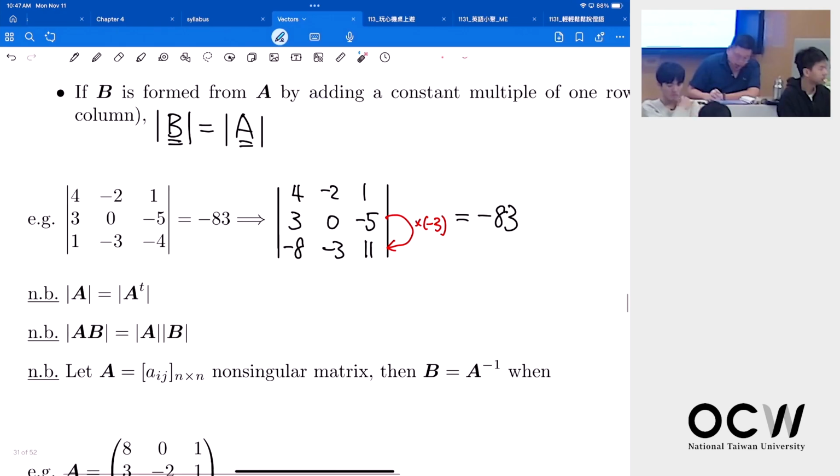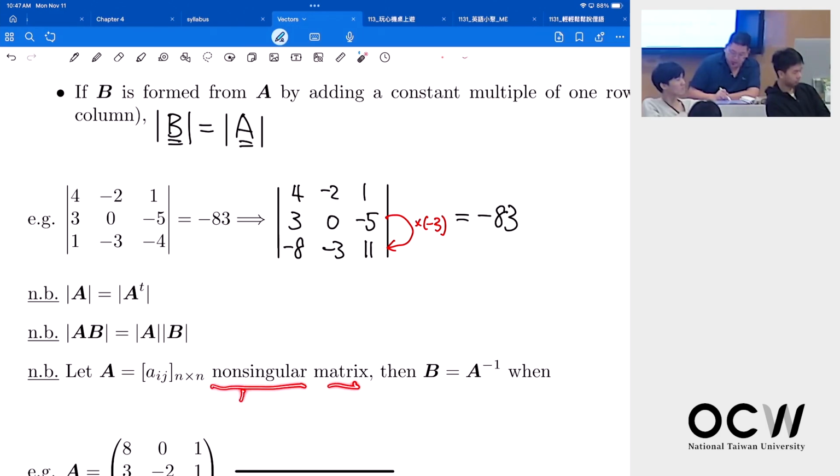And then we can use the determinant to find the inverse matrix. This is another way to find the inverse matrix. A is n by n, non-singular. Non-singular means you won't expect to see 0 rows or 0 vectors in your matrix.